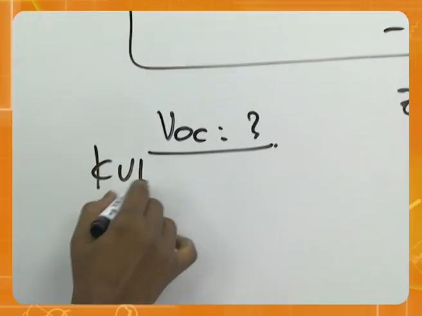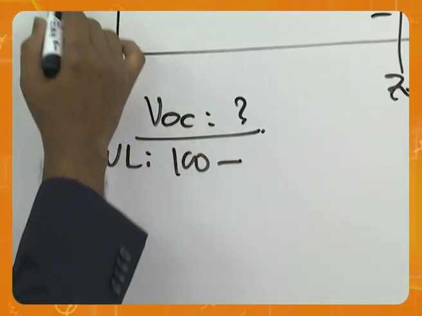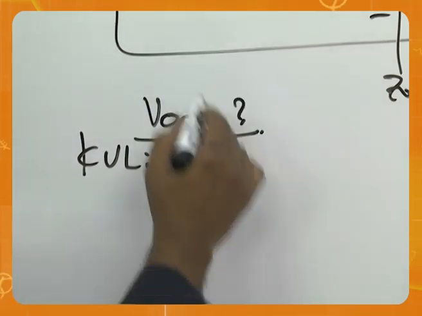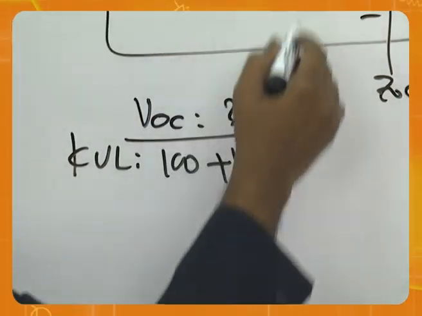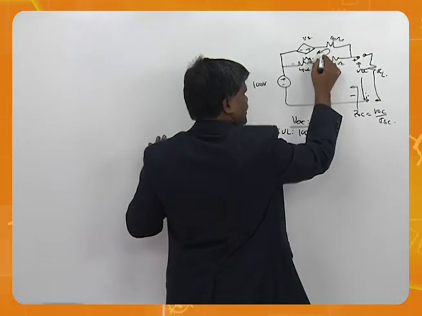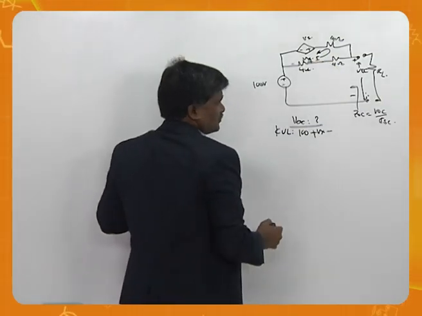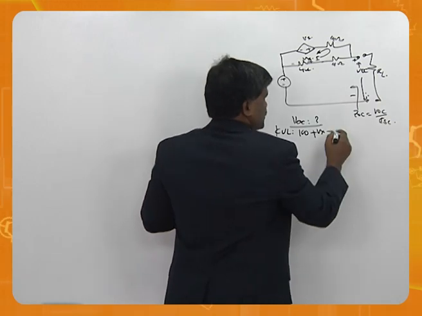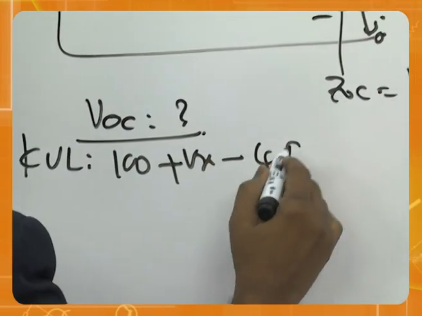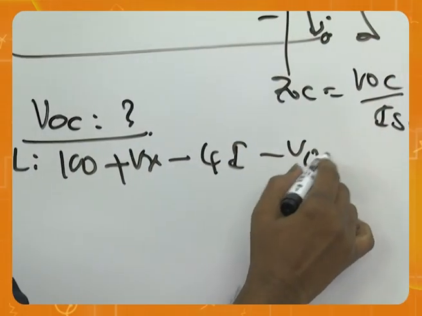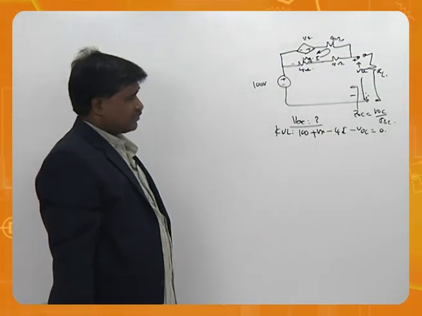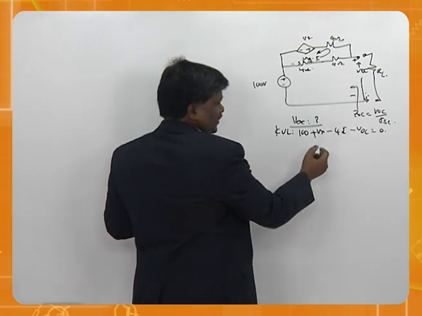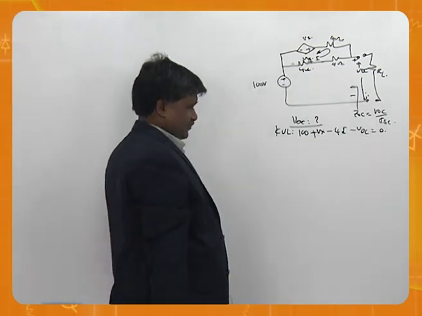If you apply KVL, 100 minus to plus Vx, call some current here I, so minus 4 into I minus VOC equals 0. From this you can calculate what VOC is.